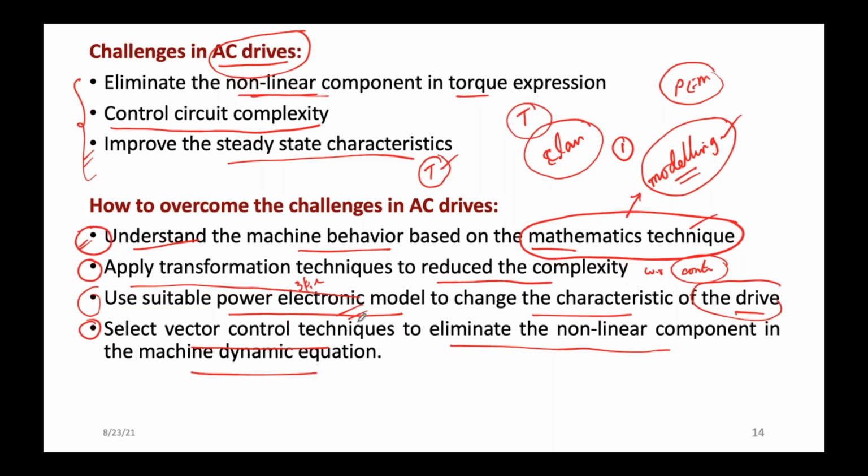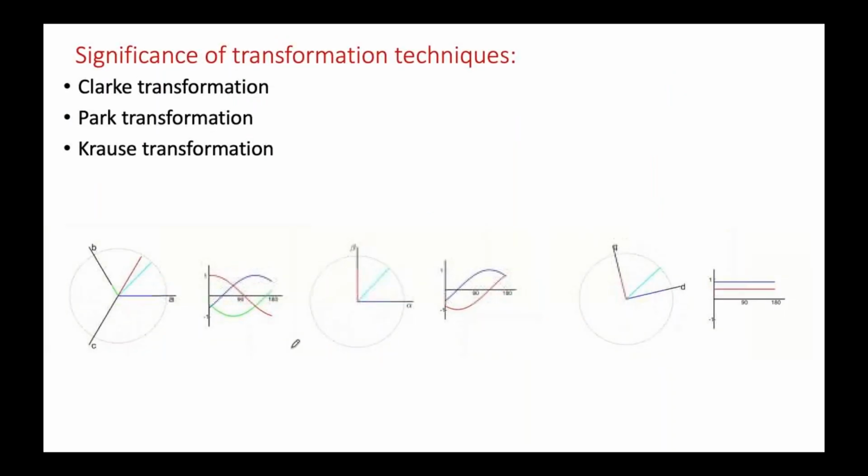By using this vector control technique, we can bring the torque expression from higher order to lower order. How we can do that, I will try to explain in today's session by taking the field orientation control scheme. Right? This was the significance of the transformation technique.